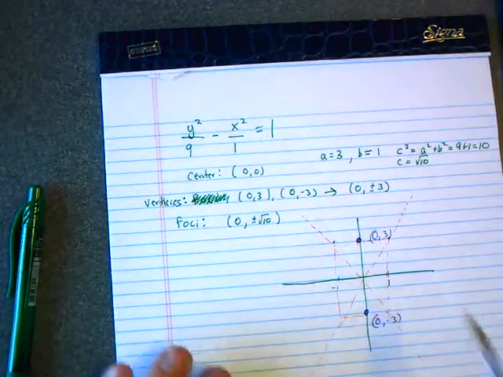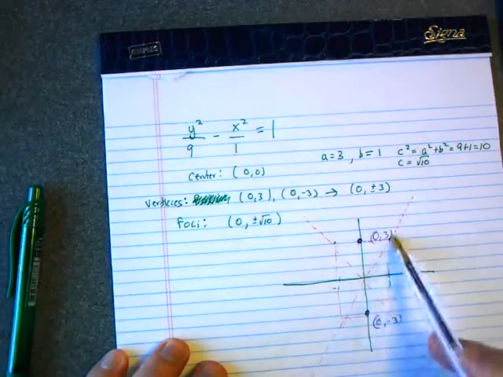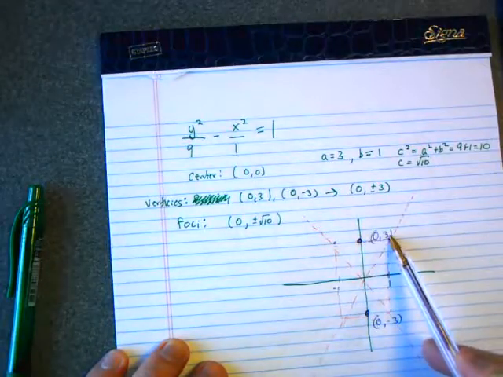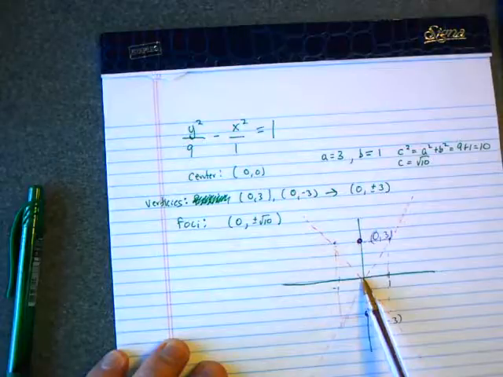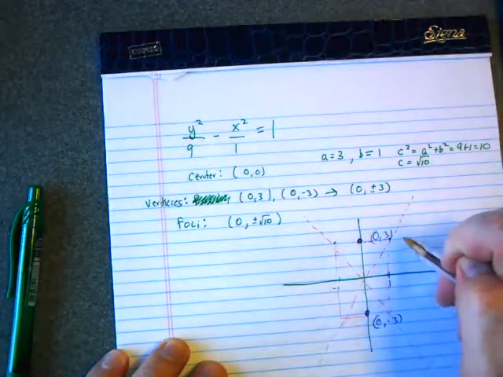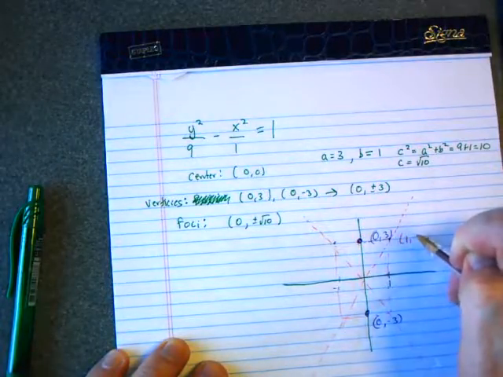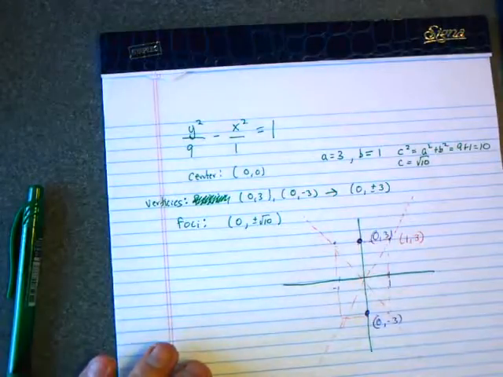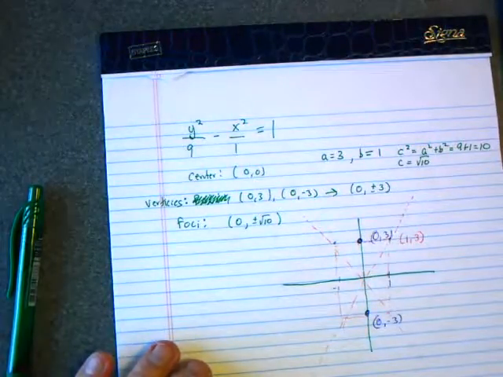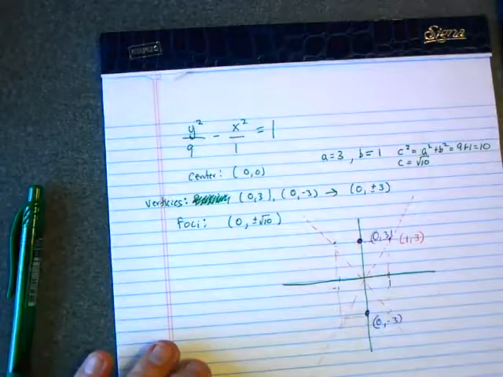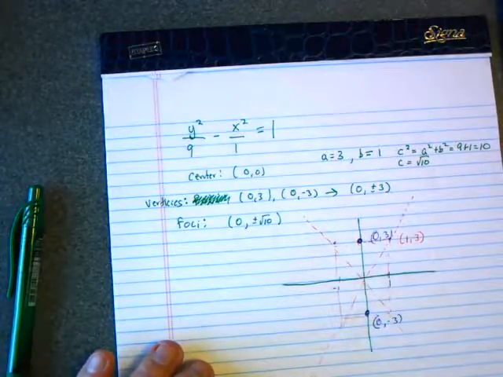So what's the equation of this line right here? Goes through 0, 0, and it goes through the point 1, comma 3. So what's the equation of that line? y equals 3x.